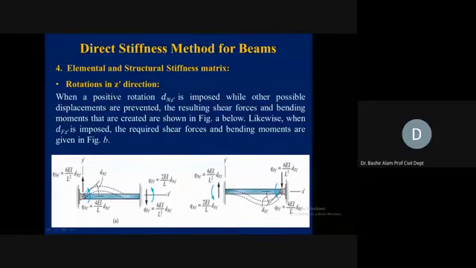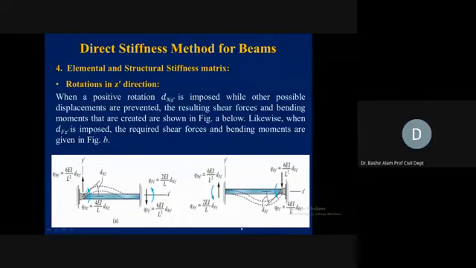When a positive rotation DNZ, about the z-axis, is imposed while other possible displacements are prevented, the resulting shear forces and bending moments created are shown in figure A below. Likewise, when DFZ is imposed, the required shear forces and bending moments are given in this figure.